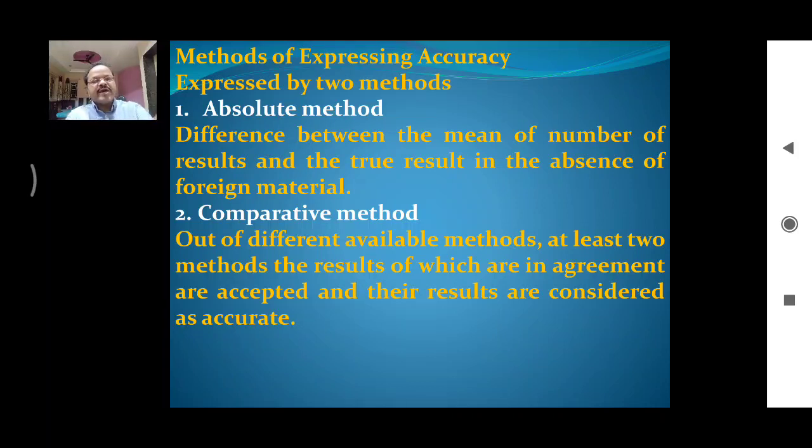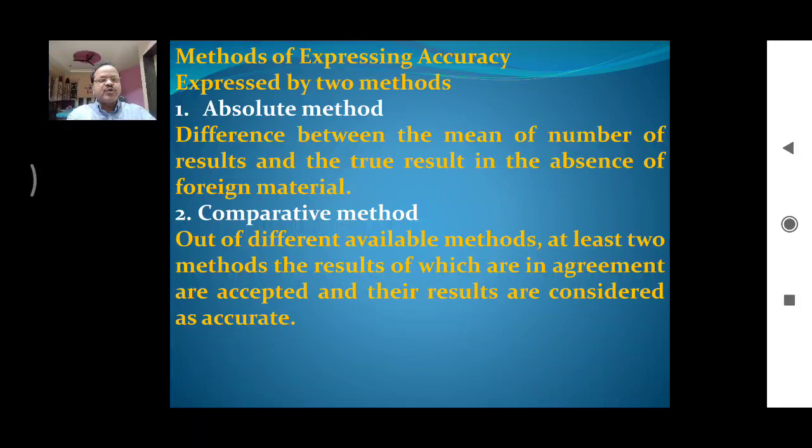So what is the comparative method? Out of different methods, at least two methods whose results are in agreement are accepted, and their results are considered as accurate results. For example, suppose a sample is analyzed by a volumetric method and by different methods.